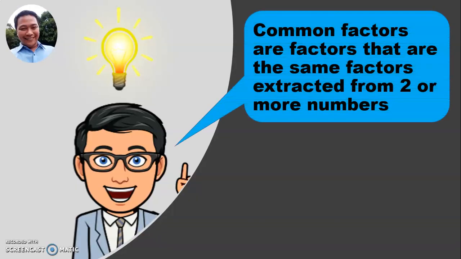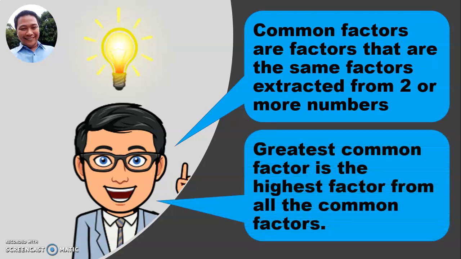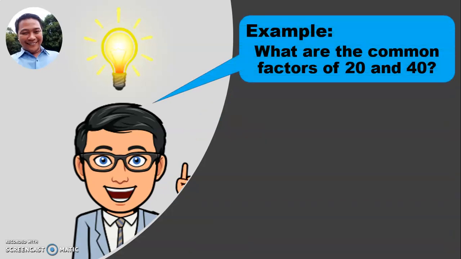Common factors are factors that are the same factors extracted from two or more numbers or expressions. Greatest common factor is the highest factor from all the common factors. Let's say, for example, what are the common factors of 20 and 40? Very good.